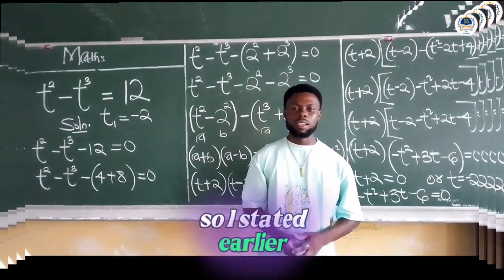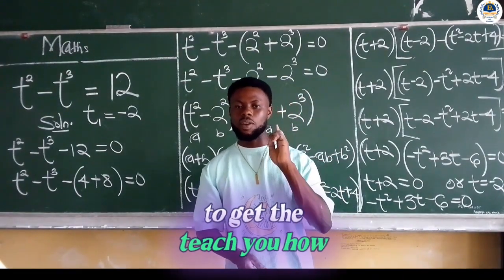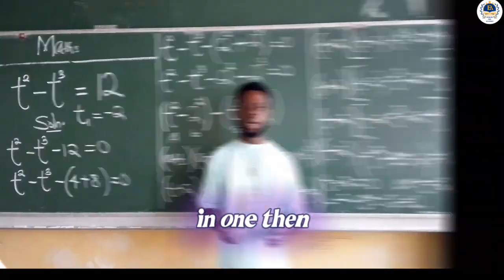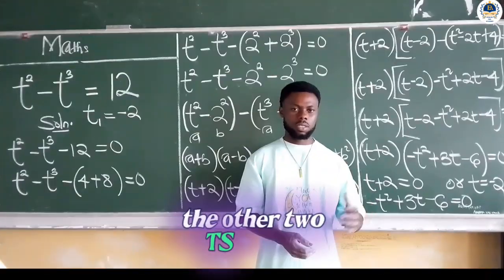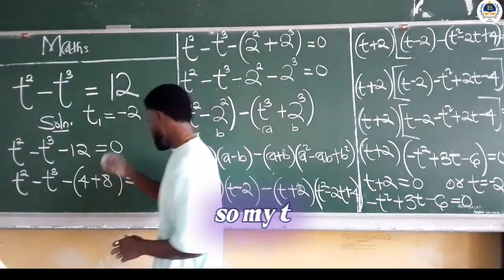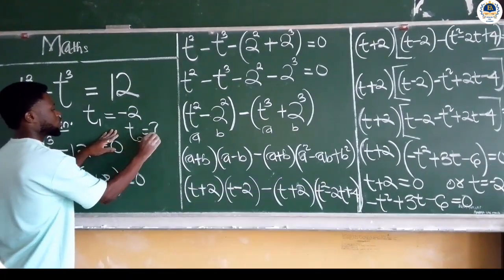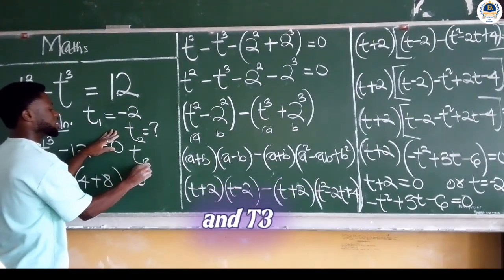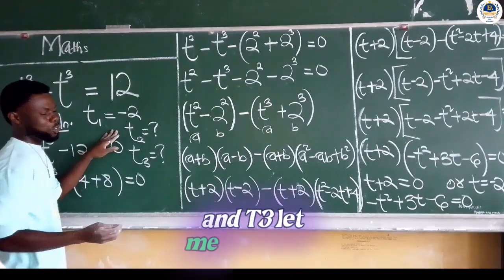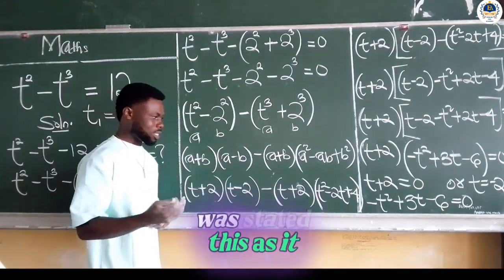I stated earlier that I will teach you how to get the value of t in 1. Then you look for the other 2 t's on the board. So my t1 is this. You find t2 and t3.